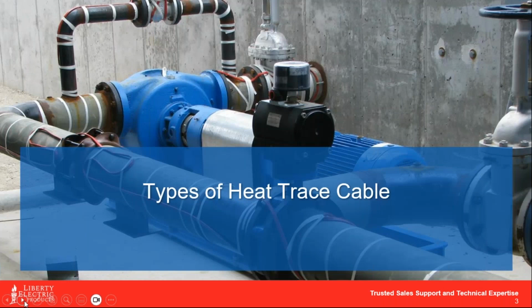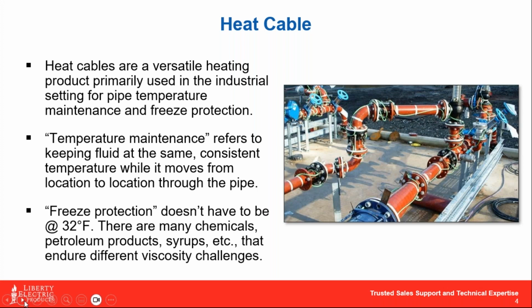So to get into the different types of heat trace cable itself. All right, so heating cables, for anybody new to this presentation or to this product line, a heating cable is basically an extremely versatile heating element that can be used for several different applications, and they're primarily in this industrial segment used for, again, temperature maintenance in pipes and for freeze protection.